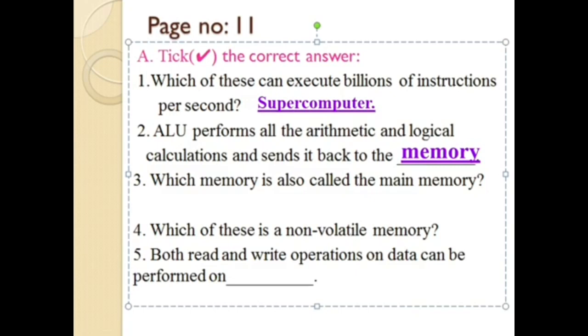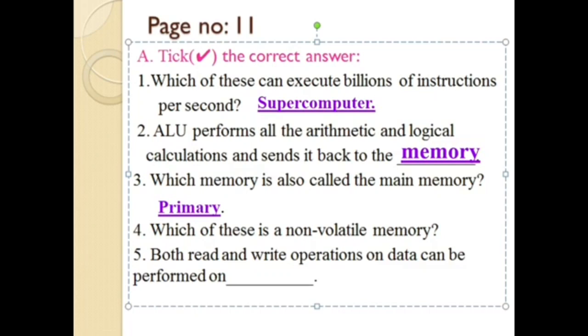Then memory will send to the output devices. So which memory is also called main memory? I told they have 2 types of memory, primary and secondary. The primary memory is also called main memory, also called internal memory. So which memory is called the main memory? Primary memory is called the main memory.